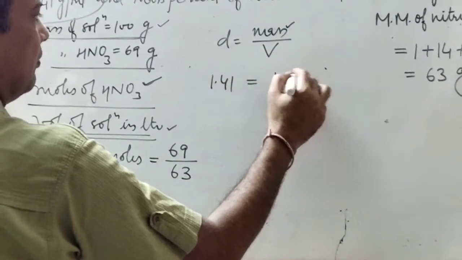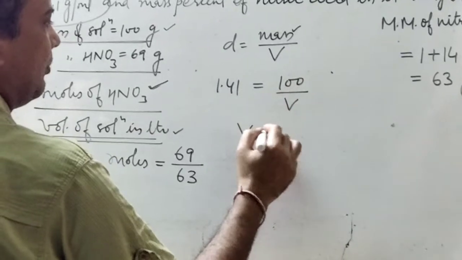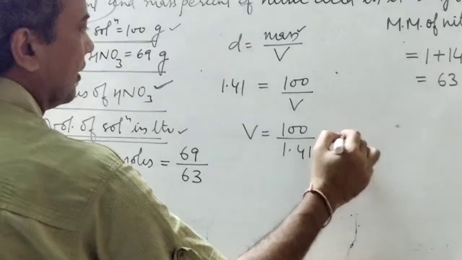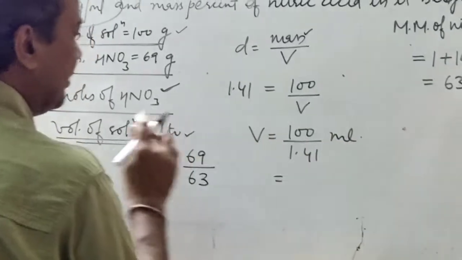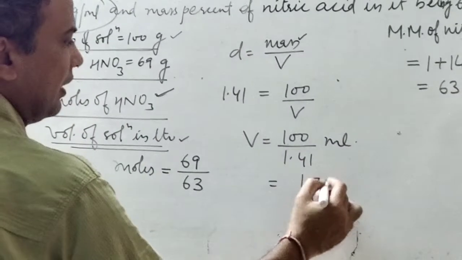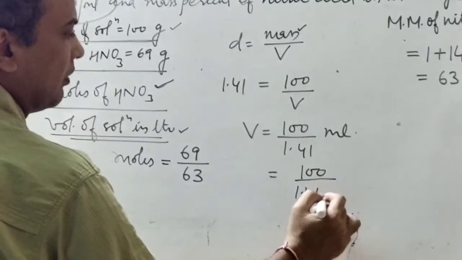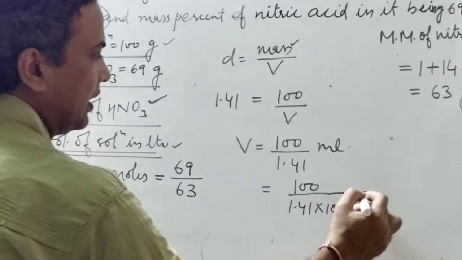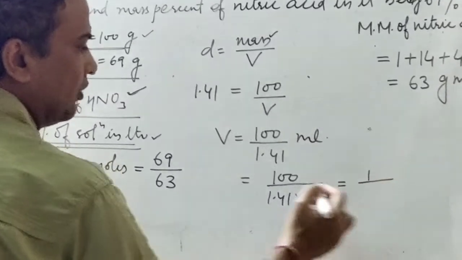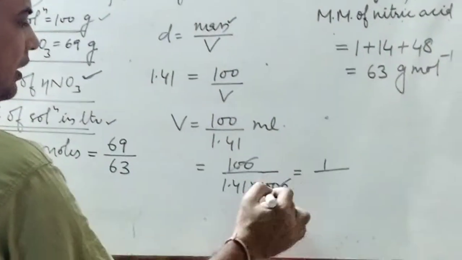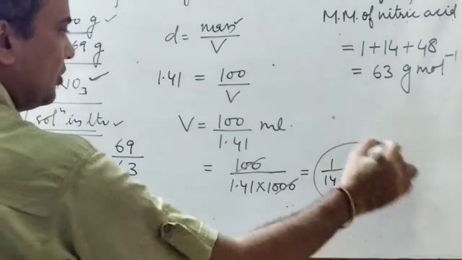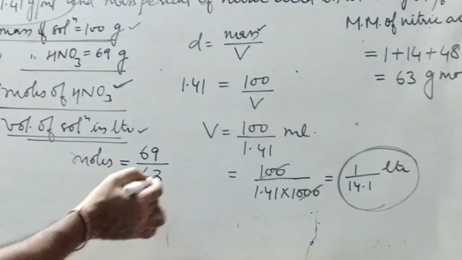So volume will be 100 upon 1.41 milliliter. Now in liter it would be 100 upon 1.41 divided by 1000. Milliliter is converted into liter by dividing by 1000. So it comes out to be 1 upon 14.1 liter. Volume of solution is 1 upon 14.1.